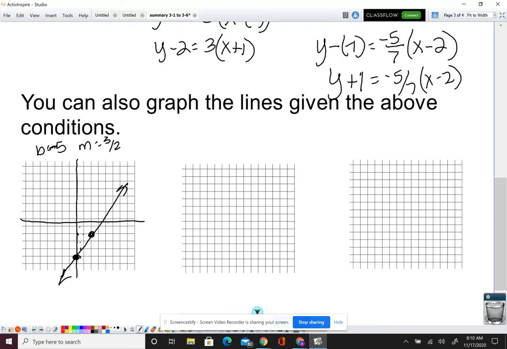The second case, they gave us a slope of 3 and a point of -1, 2. So we graph that point. -1, 2 is right there. And then we use our slope from there. Up 3 over 1.